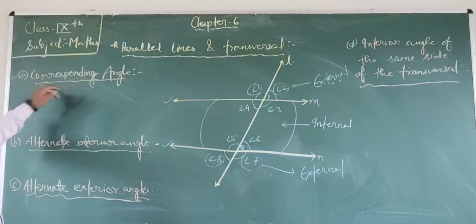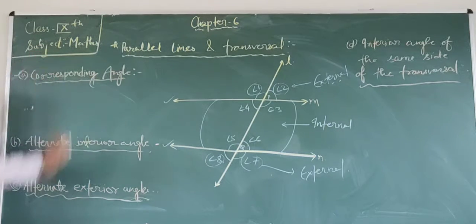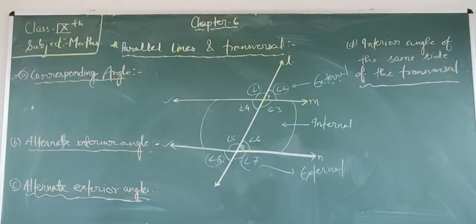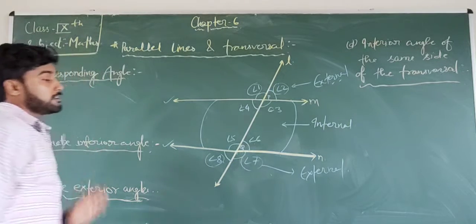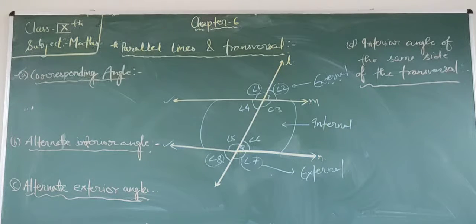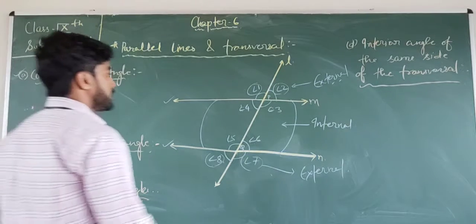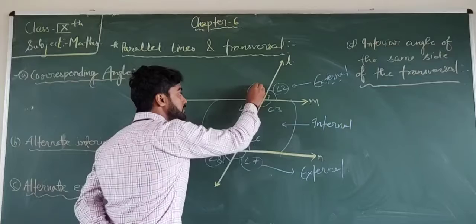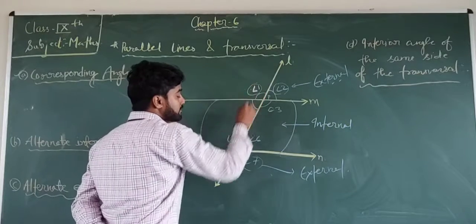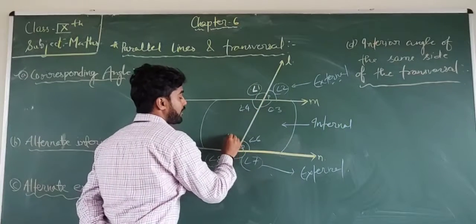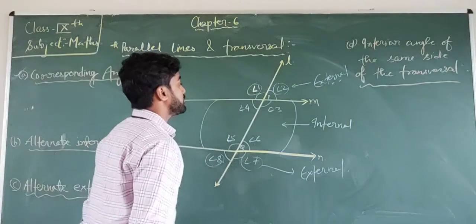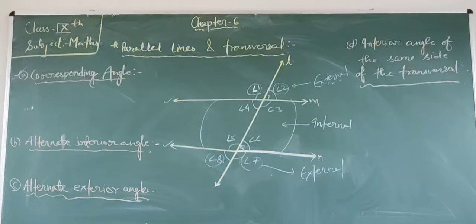Now there are many kinds of angles created here. The first kind is corresponding angles. In this diagram, angle 1 and angle 5 are on the same side, so these are corresponding angles.